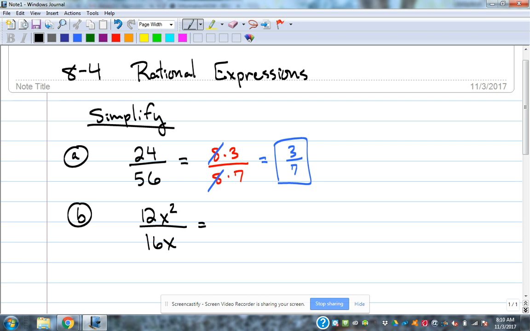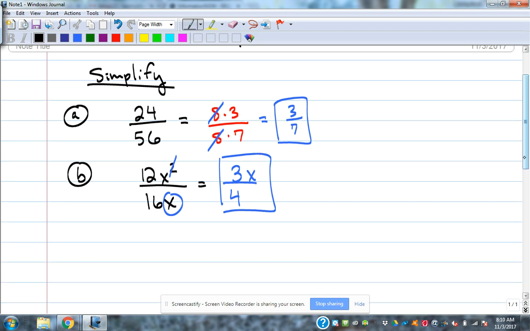And then how many x's could cancel out? 1. Okay, so 4 goes into 12 3 times, and into 16 4 times. 1 x down here cancels out one of the x's up there, leaving an x in the top. We've simplified that rational expression. That's the gist of what we're doing.